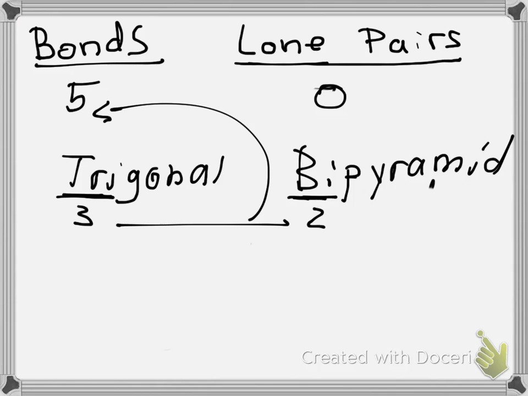That's a good way to remember it. And then this one looks like a central atom in the middle, and then it has a guy going out here, a bond going here, a bond going here, a bond going here, and a bond going here. It's pretty straightforward.